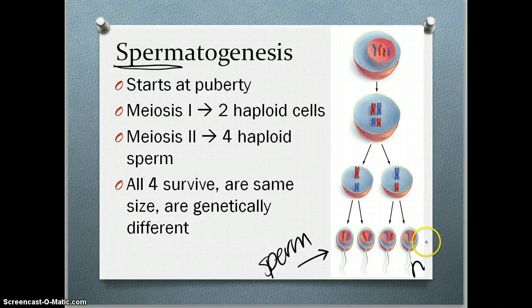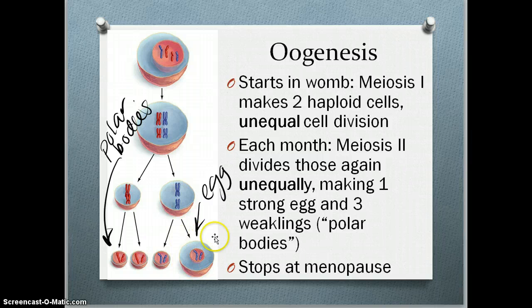It really doesn't have anything else other than the genetic material to bring. So the female has to have all these other things that an embryo will need, until in humans this embryo will actually implant in the mother's uterine lining and be able to develop. So that is meiosis, spermatogenesis, and oogenesis.